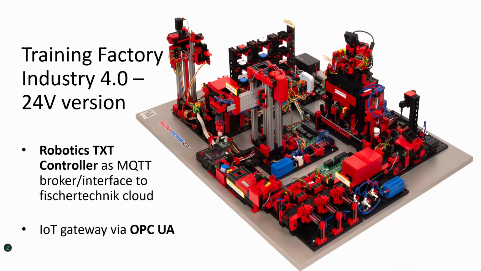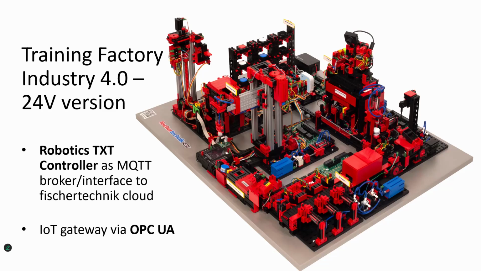Again, while it requires a PLC for operating and controlling the main model, it also does incorporate the one fischertechnik TXT controller. In this case, the TXT controller serves as the MQTT broker and interface to the fischertechnik cloud. Communication between the PLC and the TXT controller is carried out using an IoT gateway via OPC UA.